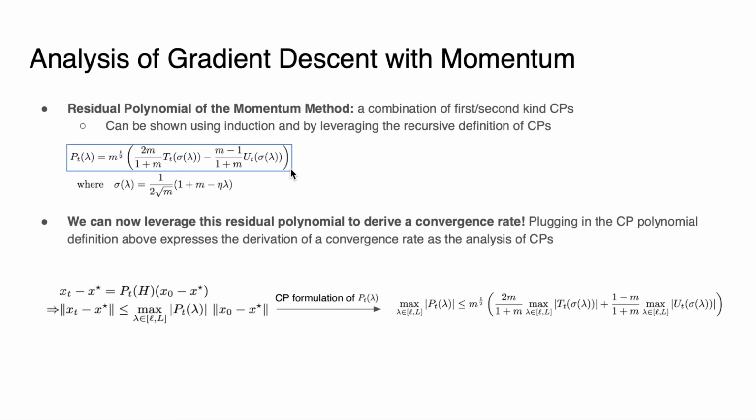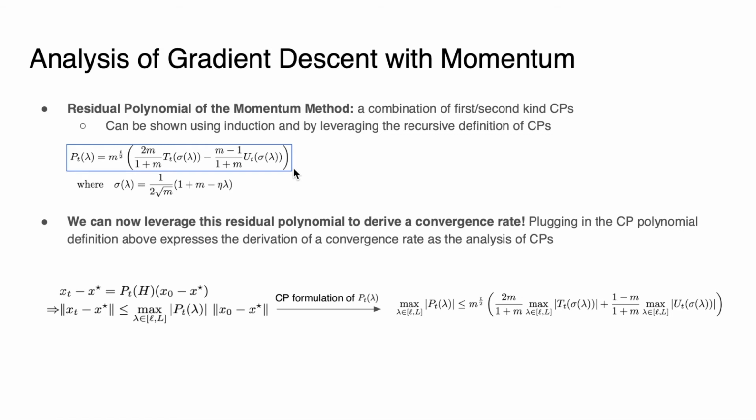To show that this expression is equivalent to our previous recursive definition of this residual polynomial, we could provide a formal proof using induction and the recursive definition of Chebyshev polynomials. I won't go in depth into this proof in this video, but if you're interested in more details, I would encourage you to check out the series of blog posts that this video is based upon, which are given in the description of the video. I believe the proof for this is given in the second of the 4 blog posts.